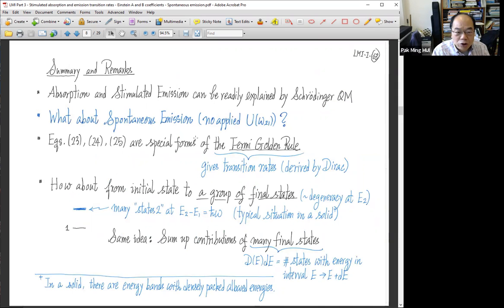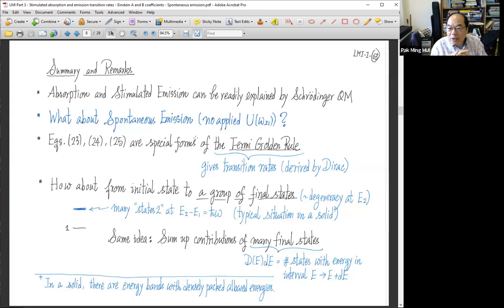The way we will approach spontaneous emission is to find a detour. At the end, we will get another quantum mechanical expression for spontaneous emission. The way we will go is, we rewind the clock back to Einstein's time, 1916. He did a statistical physics argument for Planck's black body formula.